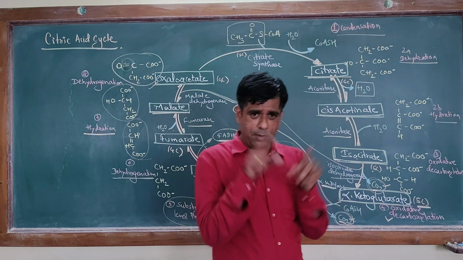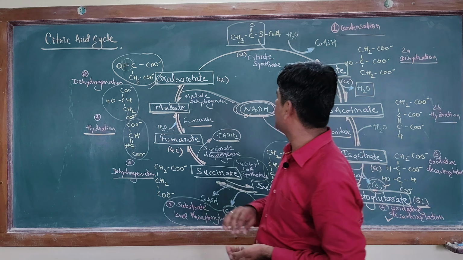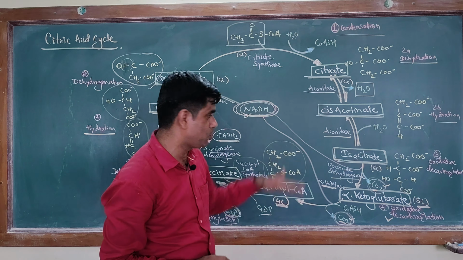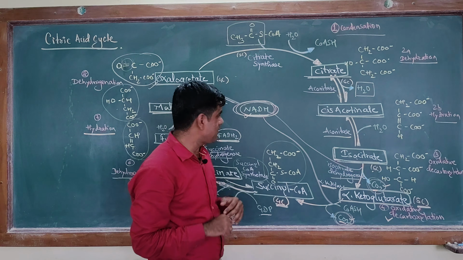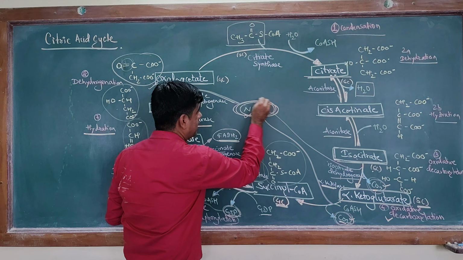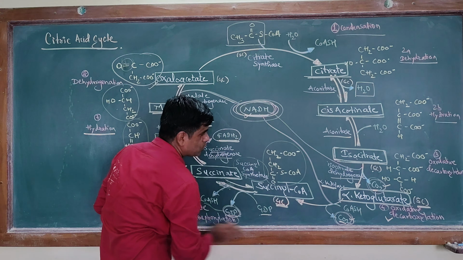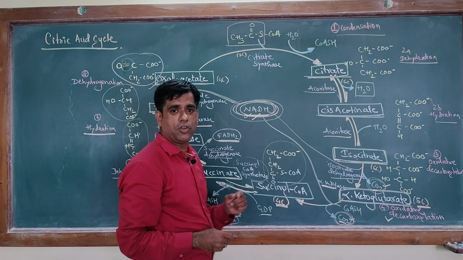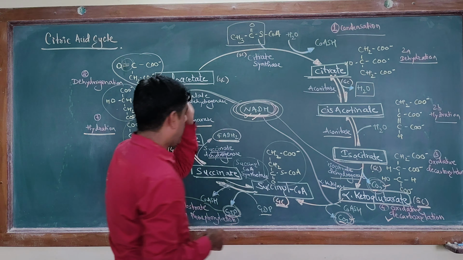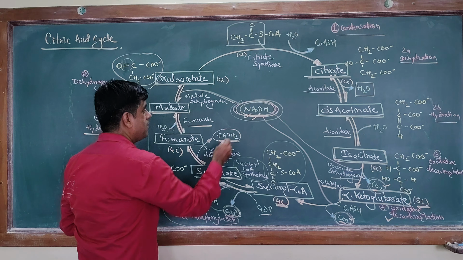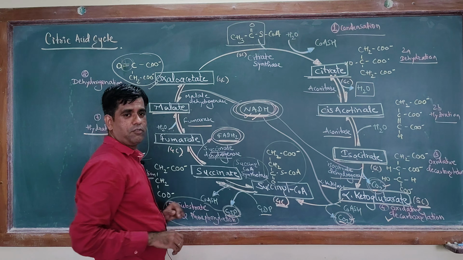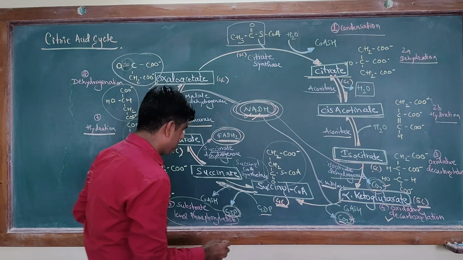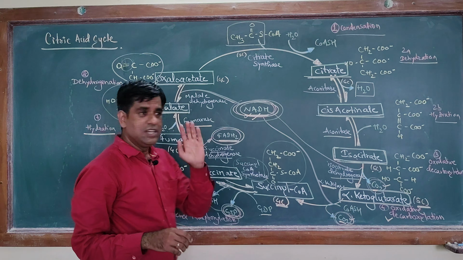So basically, if you sum up, what has happened in the citric acid cycle is that your acetyl-CoA molecule has been completely oxidized to CO2, number one. What other things have happened? We have generated 3 molecules of NADH. One pass through the citric acid cycle will form 3 molecules of NADH, 1 molecule of FADH2, and 1 molecule of GTP.